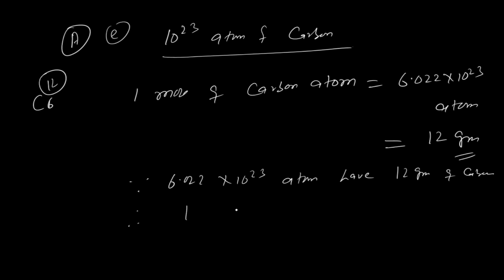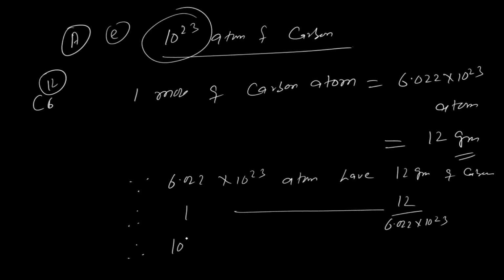Therefore in 1 atom it will be 12 divided by 6.022 into 10 power 23. Therefore you have to find out in 10 power 23 atoms. So it will be 12 divided by 6.022 into 10 power 23, into 10 power 23.